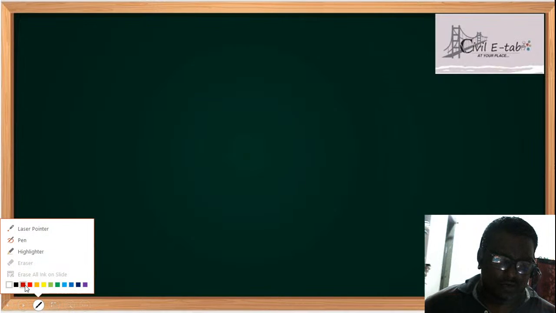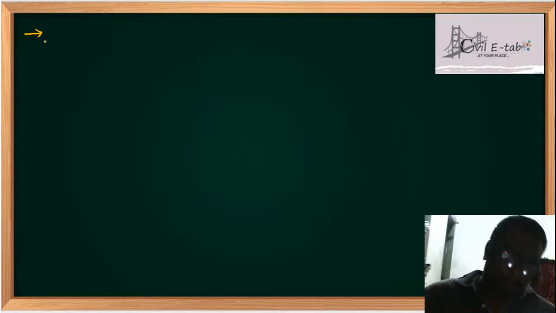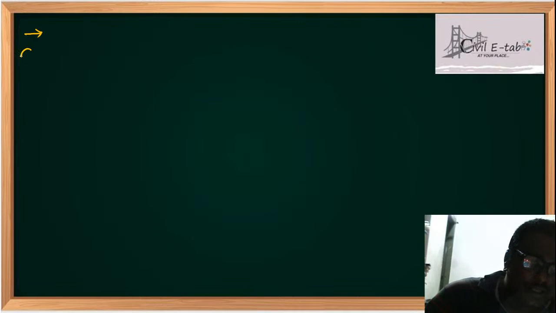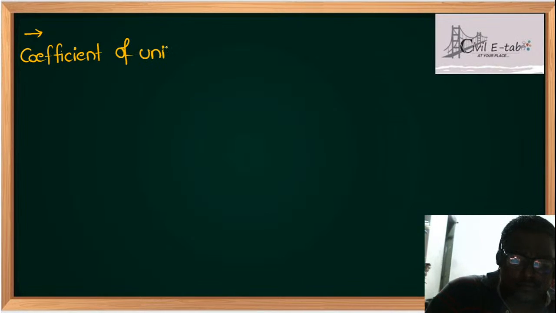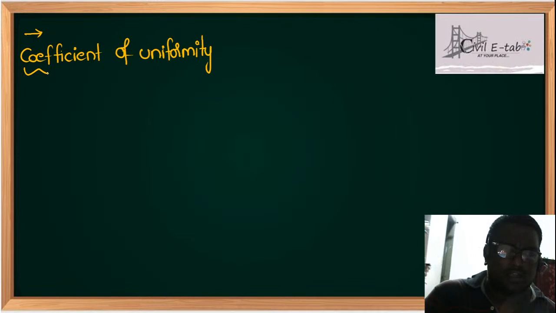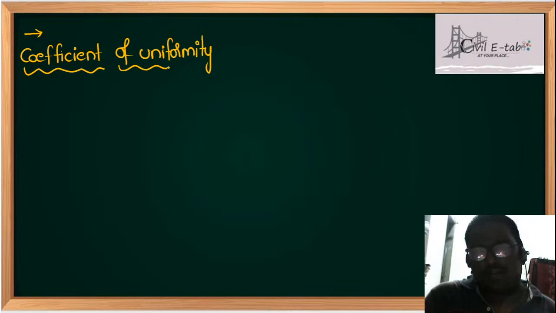So this is the brief of the particle size distribution curve. Next, we have another important thing: coefficient of uniformity and coefficient of curvature. When I talk about coefficient of uniformity, you will ask me, see students, whenever you study coefficient of friction, what does it tell you?